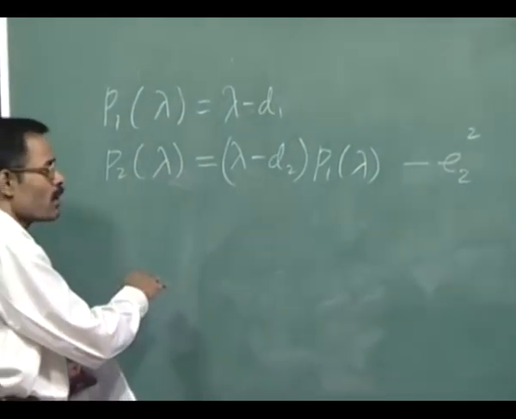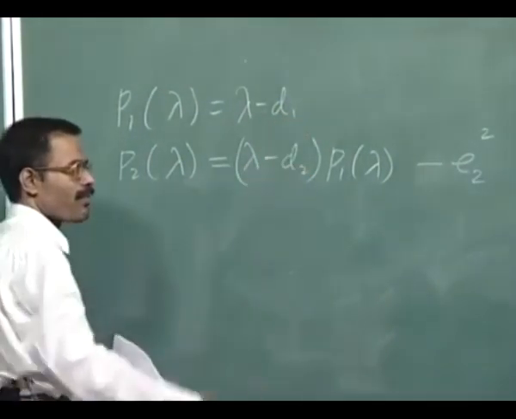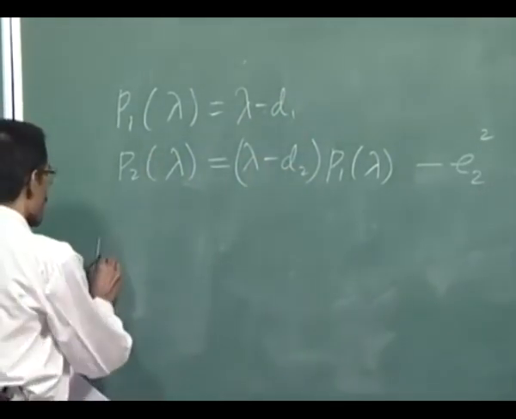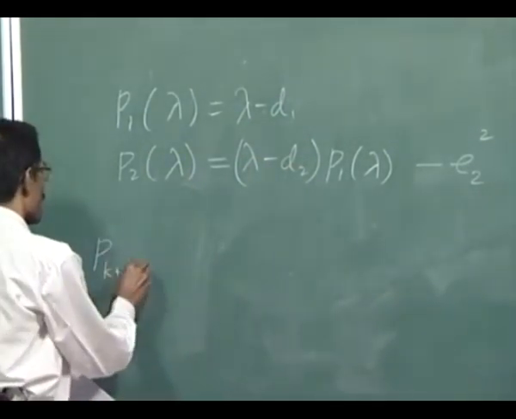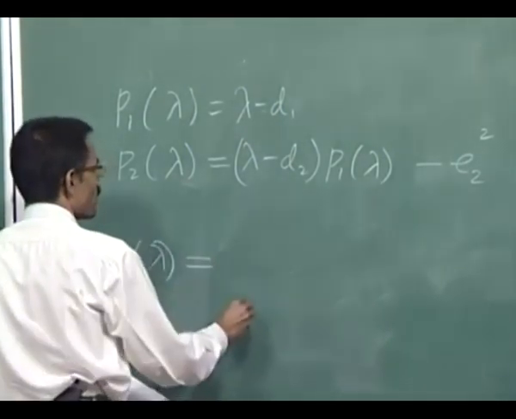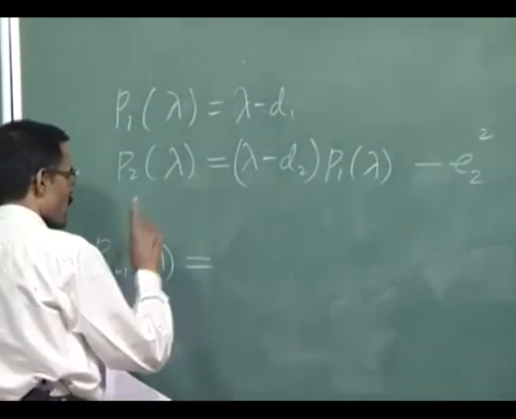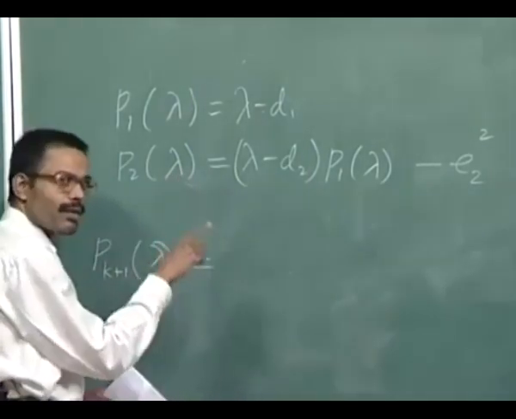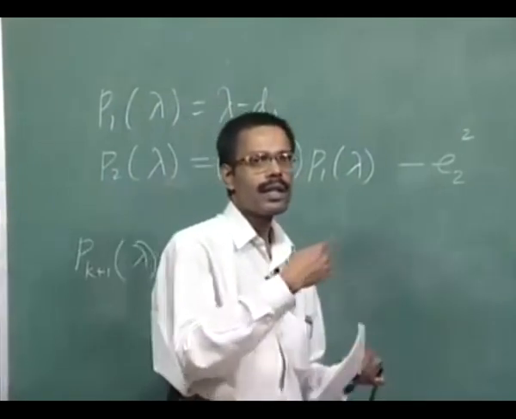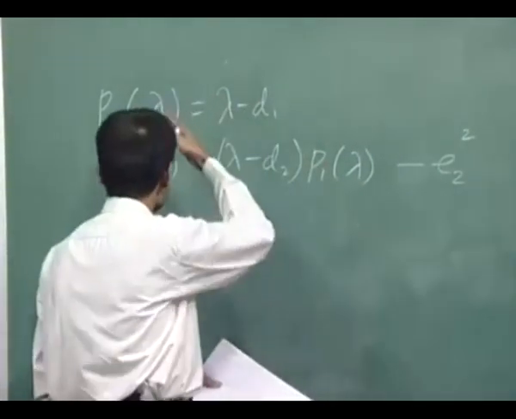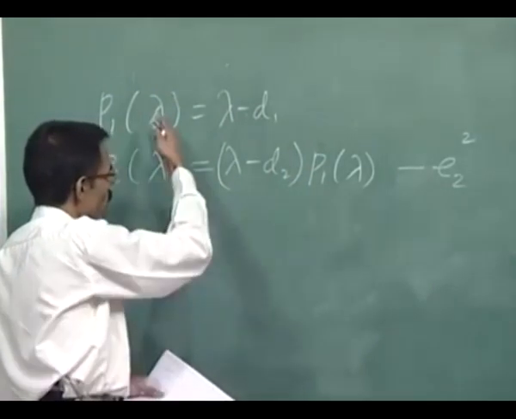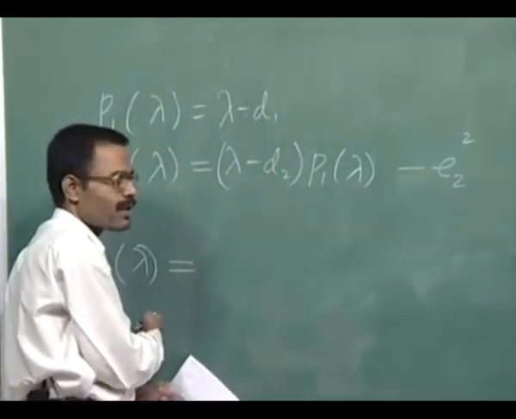But let us go one large step and try to determine Pk plus 1 lambda in terms of Pk lambda and Pk minus 1 lambda. So, that will establish a recursion among all these characteristic polynomials of the leading submatrices.